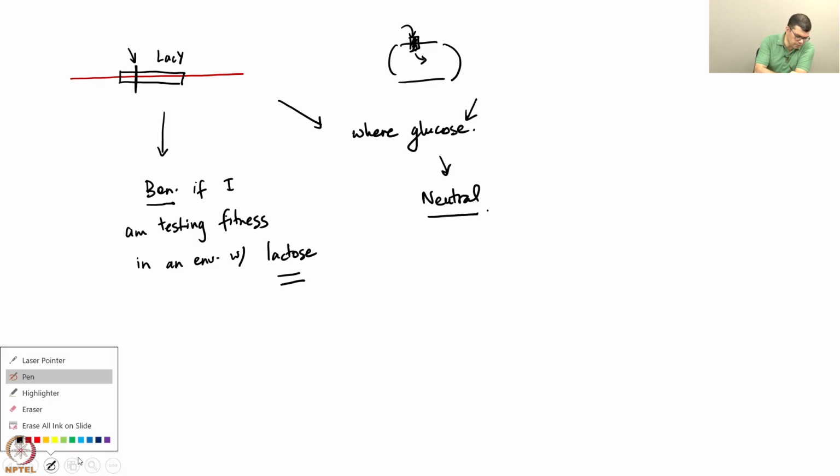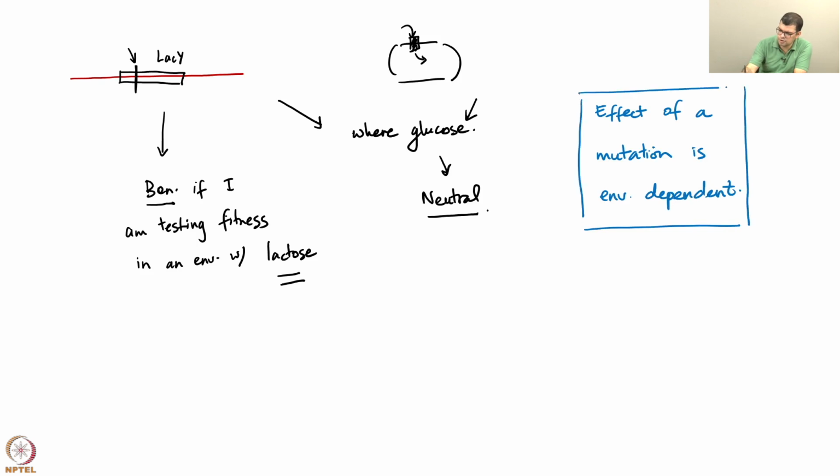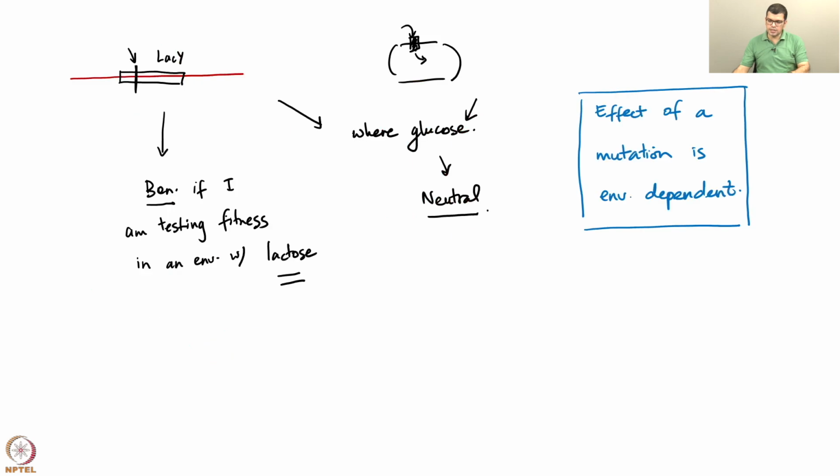The lesson for us from this discussion is that the effect of a mutation is environment dependent, and that these two are lessons that as we move towards these precise studies of evolution experiments and we develop the theoretical framework in which we are going to look at them, these two things have to be kept at the back of our minds at all times, that the effect of any mutation is contingent on the genomic background, which was what we discussed in this slide, but also that the effect of any mutation is context dependent in the sense of which environment the effect was measured in.